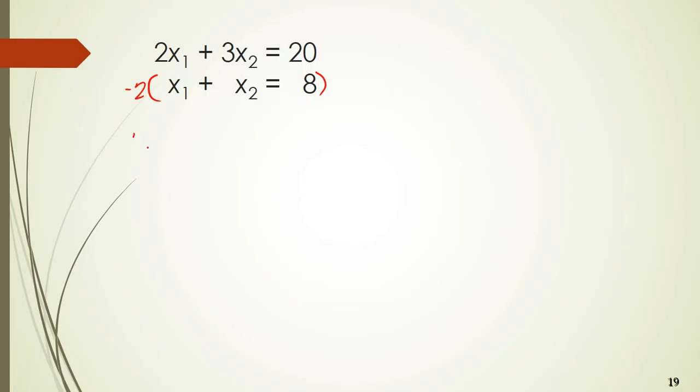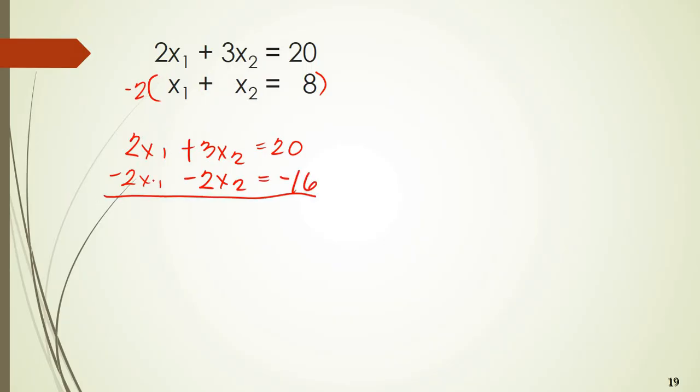So we have 2x sub 1 plus 3x sub 2 is equal to 20. Multiplying -2 with x sub 1 gives -2x sub 1, and -2 with x sub 2 gives -2x sub 2, equal to -2 times 8, which is -16. We cancel 2x sub 1 and negative 2x sub 1, so we come up with x sub 2 is equal to 4.